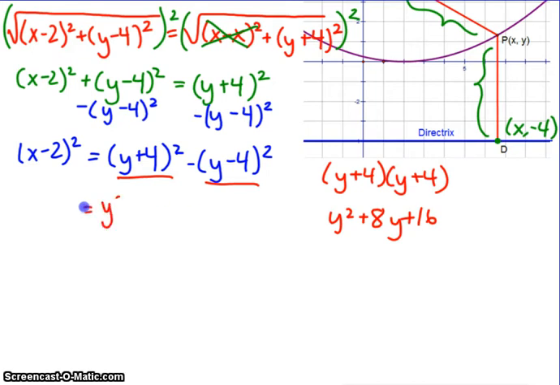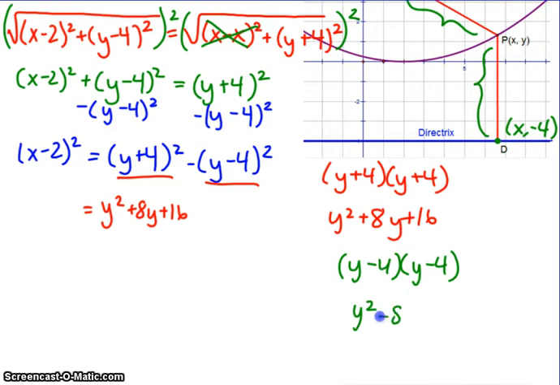So that's going to go here, y squared plus 8y plus 16. And then the y minus 4 squared is going to be y minus 4, y minus 4. So I have y squared minus 4y minus 4y is minus 8y, and negative 4 times negative 4 is positive 16. So we are going to be subtracting y squared minus 8y plus 16. Leave this x minus 2 squared alone.